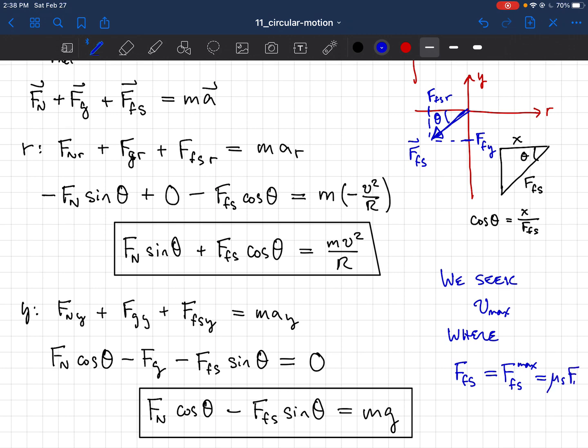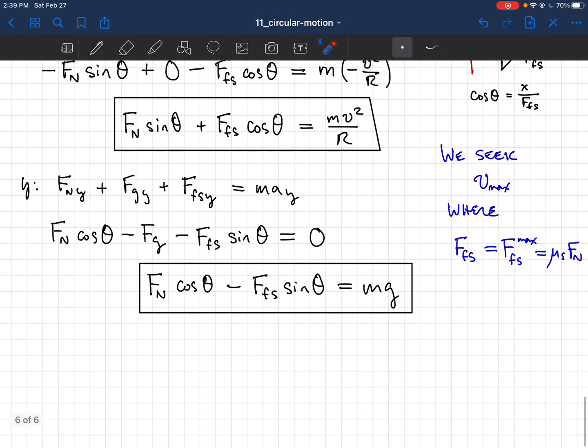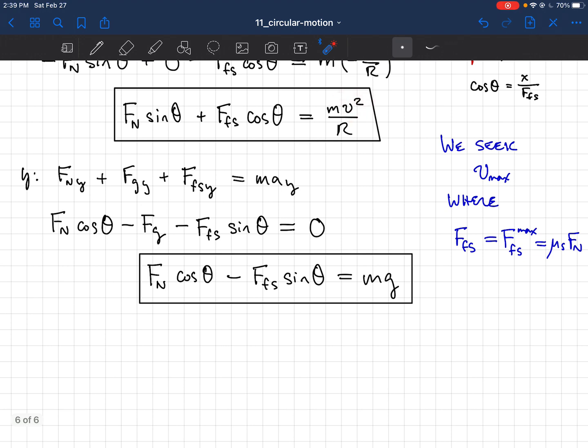That thing is mu s Fn. So we're looking for the breaking point. We're looking for the maximum value of v, and at that maximum value of v, we can plug in for F friction mu s Fn. So let's do that. We're looking for this equation, so maybe we should adjust this equation first. So let's solve for Fn, and then we'll plug that expression for Fn up here.